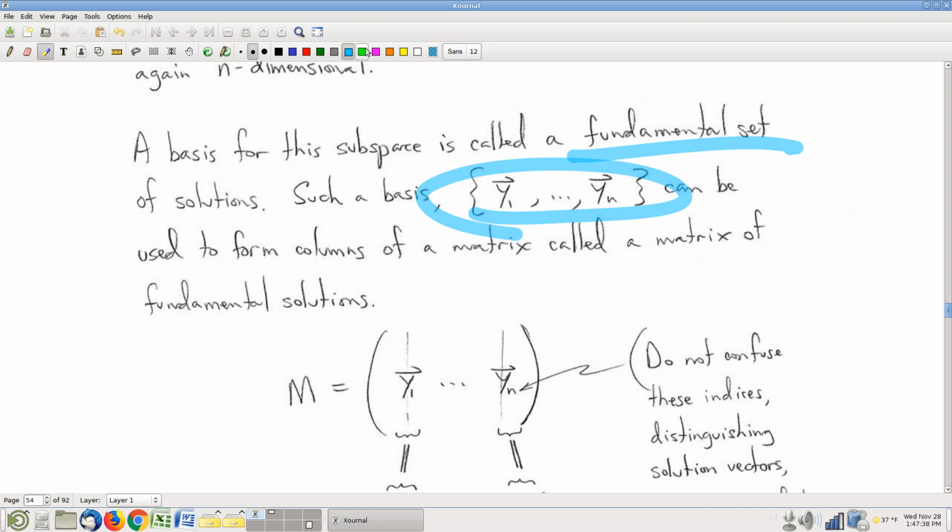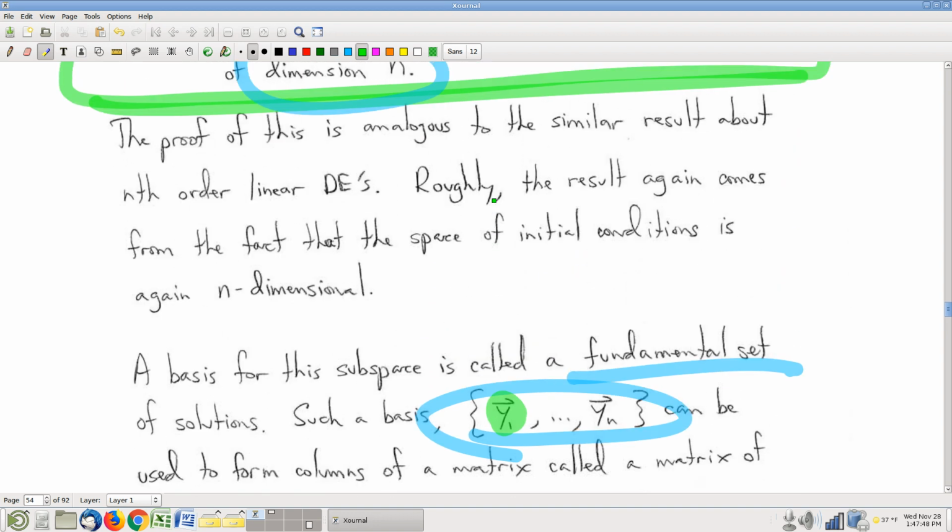A quick notational heads up. There is a certain convenience, which might seem a little weird, in taking each one of these basis vectors. Don't forget, each one of these basis vectors, being a solution to the system of equations, the matrix equation, whatever you want to call it, is vector-valued, so it has n different components.